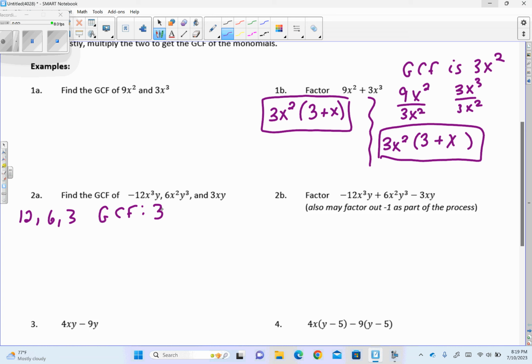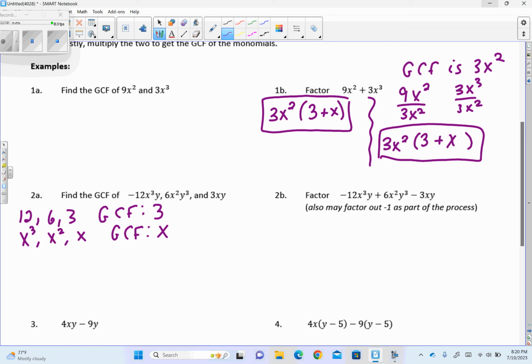This time when we look at the variable terms, we have 2 different variables. First, I have an x variable. I have x cubed, x squared, and I have an x. Now remember, when it comes to variable terms with exponents, we're always going to choose the smallest. So x to the first power is the smallest.